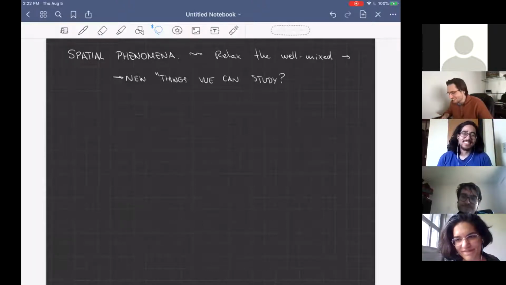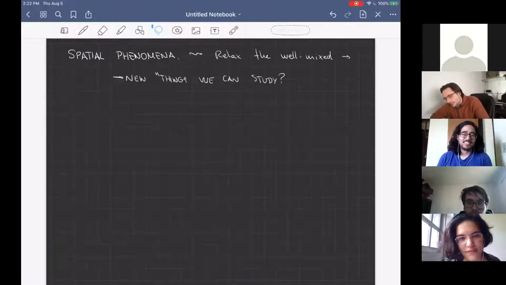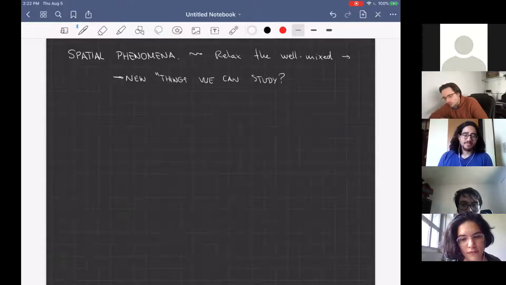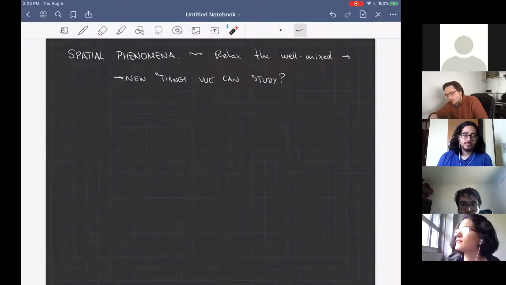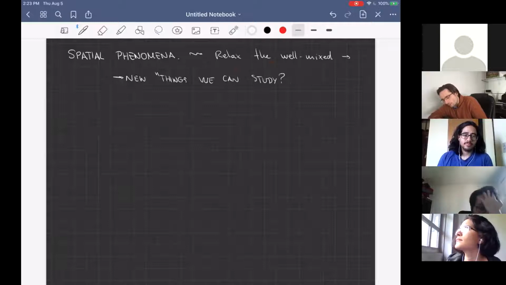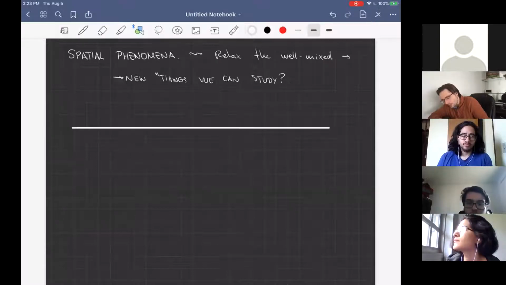So to study these spatial processes, the first thing that we need to do is to relax, as I said, the well-mixed assumption. And to relax that well-mixed assumption, we are going to imagine that now our organisms live in a one-dimensional space.